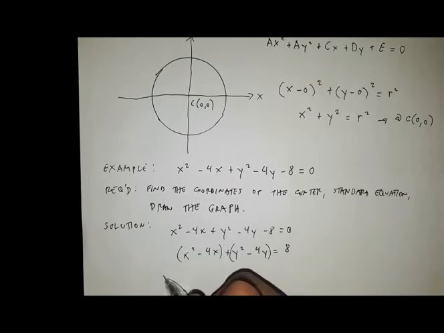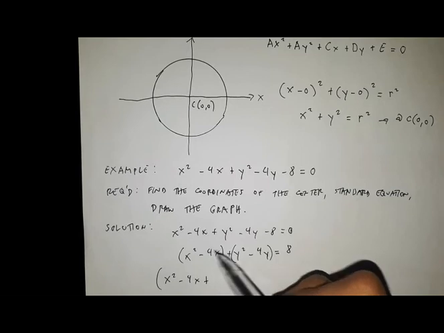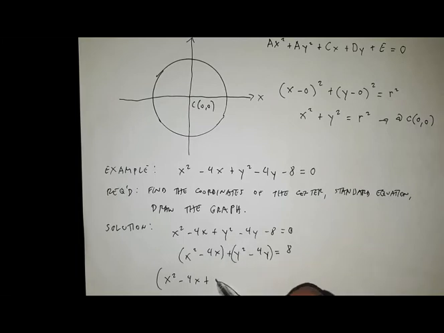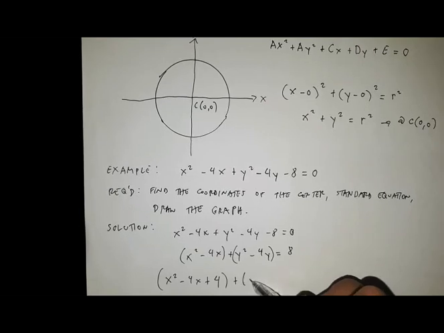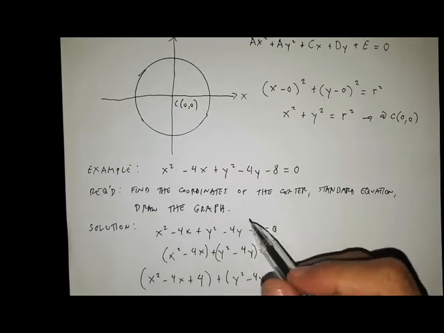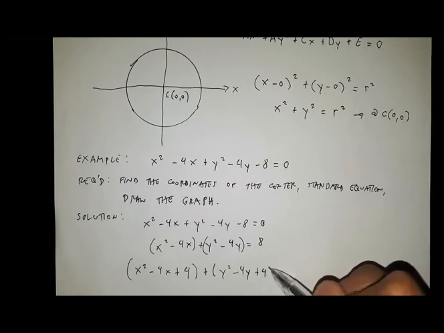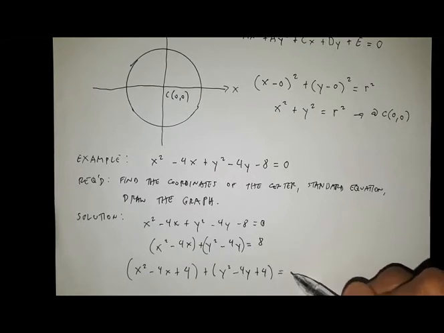So let's copy this, x squared minus 4x plus, so 1/2 of 4 is 2, then square 2, so this will become 4, plus y squared minus 4y. 1/2 of 4 is 2, then square the 2, so you have plus 4 equals 8.